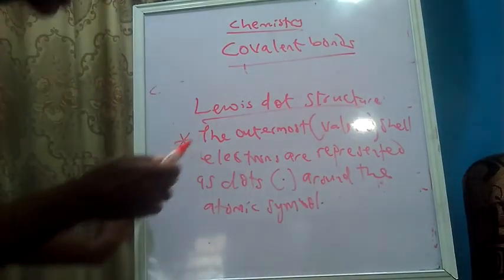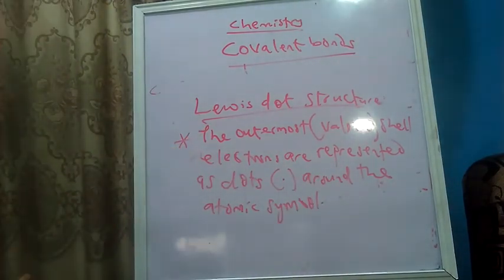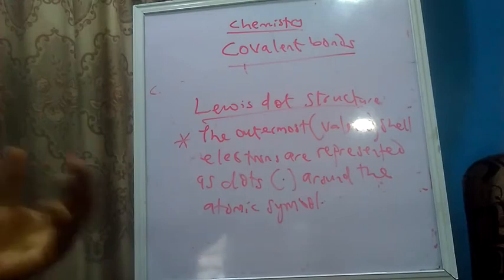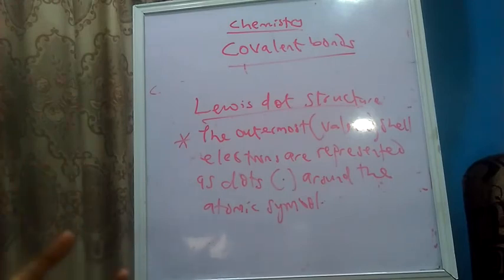So if you understand the concept of Lewis dot structures, which we are going to see in this video, then you can go ahead and explain how covalent bonds are formed in a homonuclear fashion or in a heteronuclear fashion. So for Lewis dot structures, you represent the outermost electrons as dots around the atomic symbol.